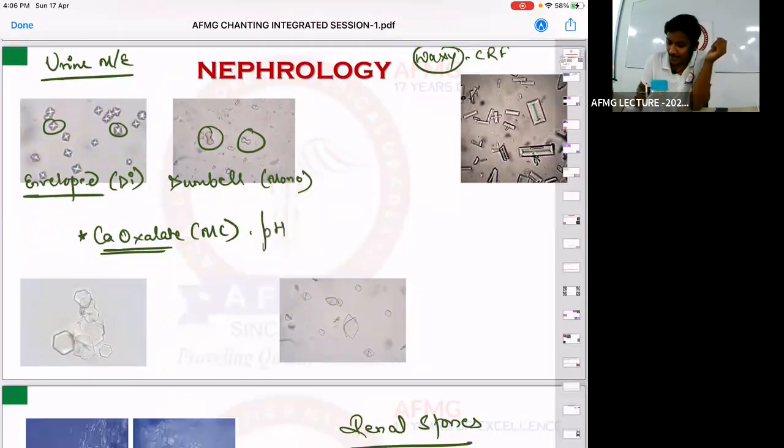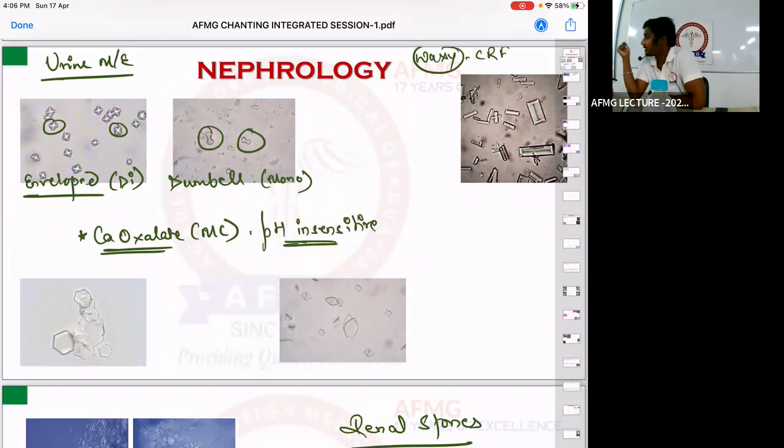These are the only pH insensitive renal stones. That means they can be found in alkaline as well as acidic pH. Next, if I see these kind of crystals on urine microscopy, what are these?